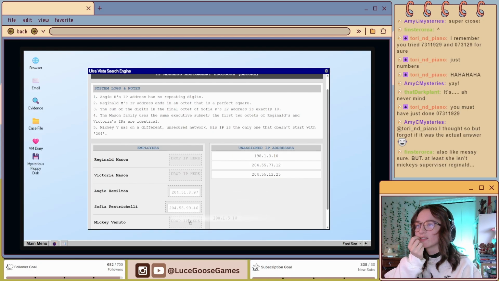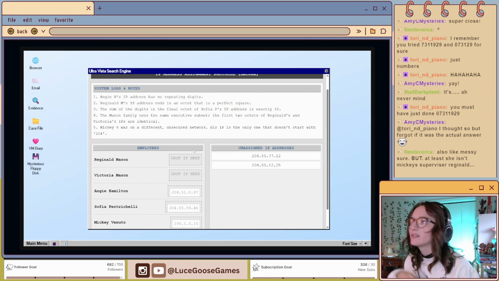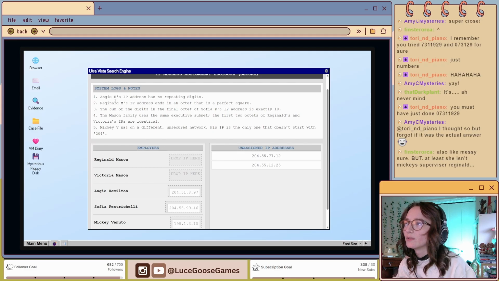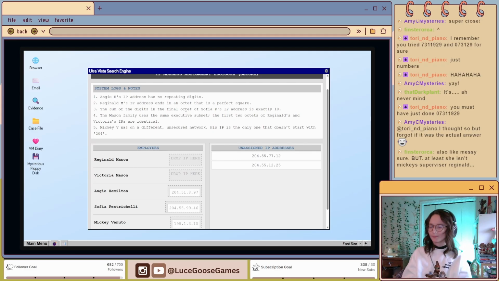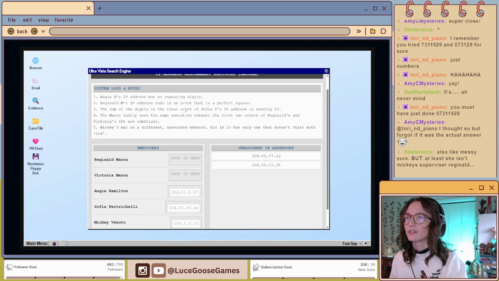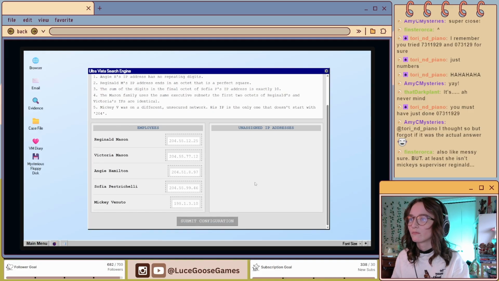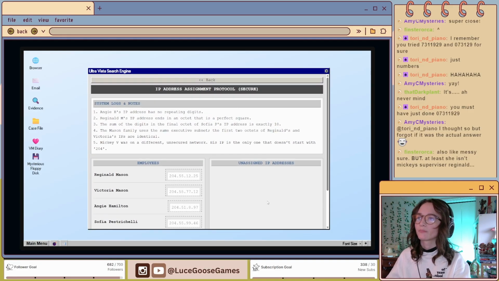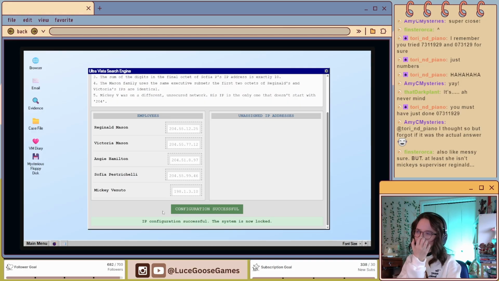His is the only one that doesn't start with 204. What am I missing here? Reginald's ends in an octet that is a perfect square. Oh, 25 is a perfect square, isn't it? 25 squared is 5? Is that what we're talking about? Submit. Slay. Okay, so now what?